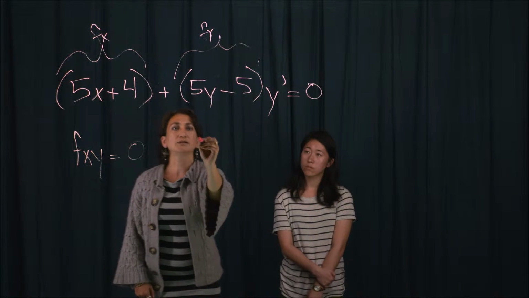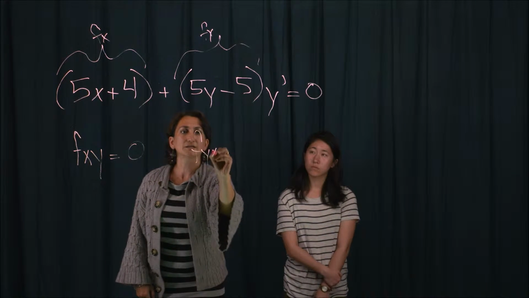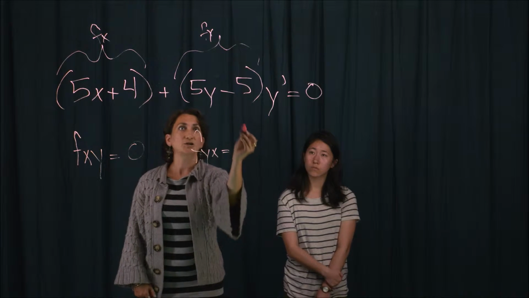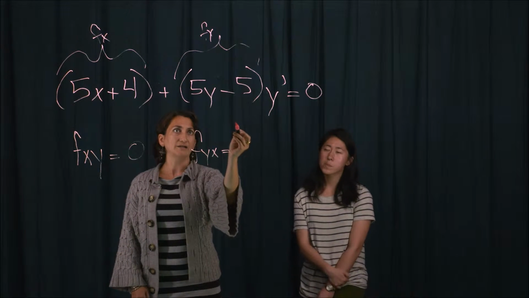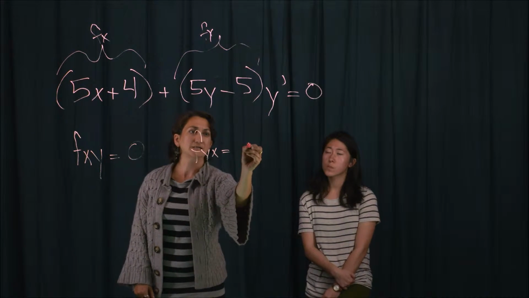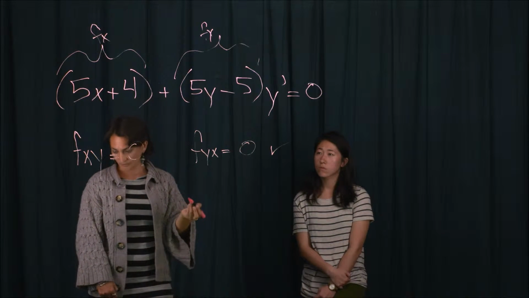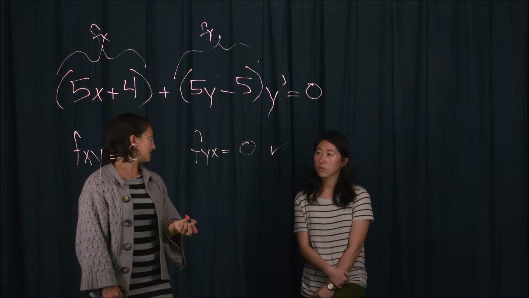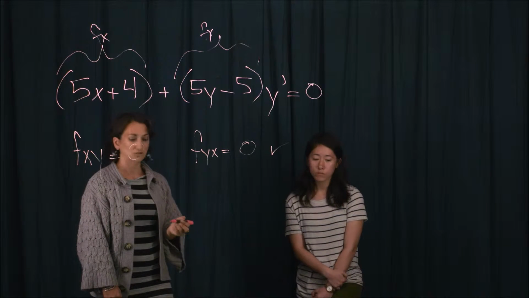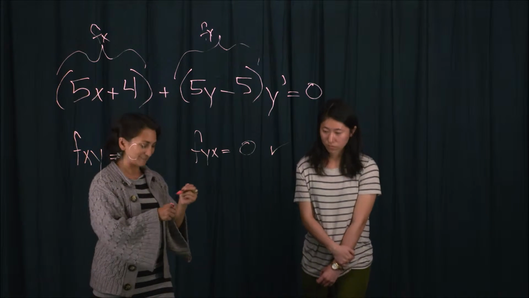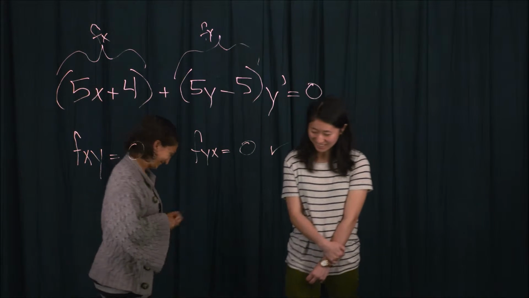And over here we have fyx. So we have 5y minus 5 with respect to x is also 0. So we have that they are equal. So we know that we have an equation that is exact. So with that, Emily. Okay.